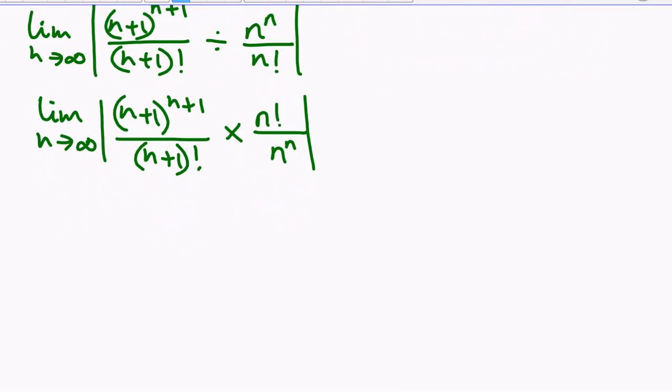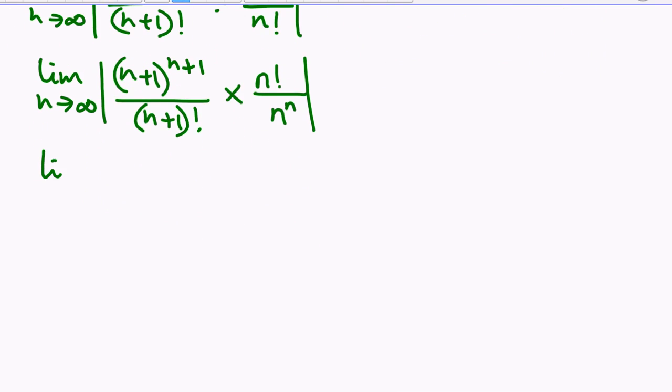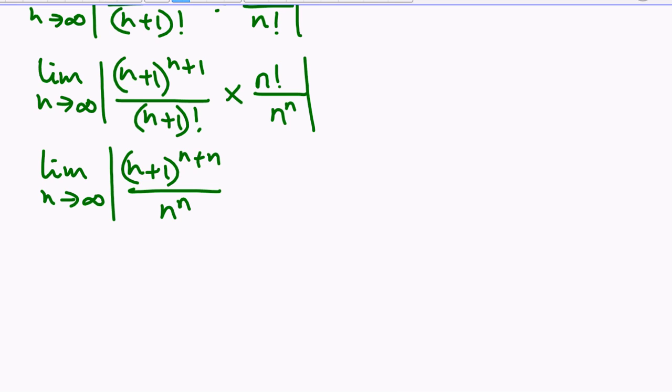I'm just going to rearrange these things, so we can bring the n to power n's on one side, the factorials on the other side: n plus 1 to power n plus 1 over n to power n multiplied by n factorial over n plus 1 factorial.